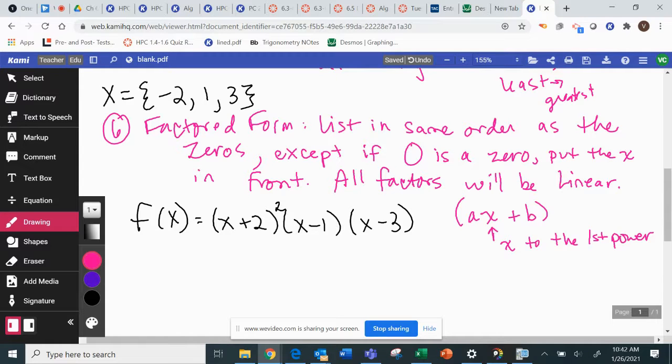Outside of the factor is fine because like this x plus 2 squared is just 2 separate x plus 2's. So the squared on the outside of the factor is fine. Those are linear factors. But none of the factors on the inside should still have a squared in them. So Chris, if I were solving this for 0, both of them are x plus 2's. So they would both equal the same number, -2.